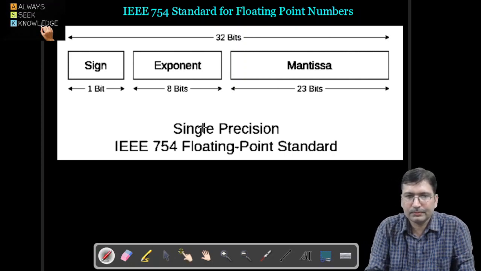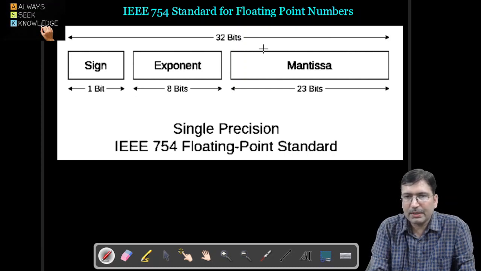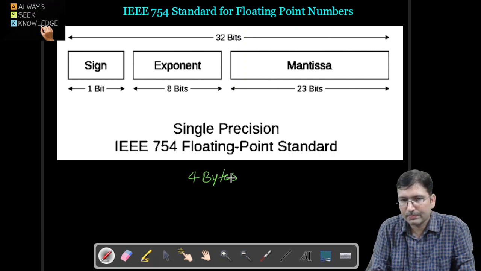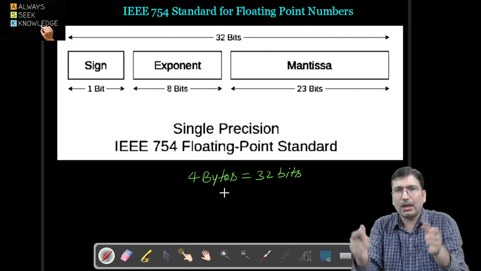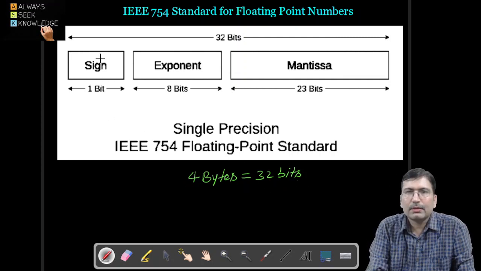In this format, the floating point number will be represented by using 4 bytes. 4 bytes means 32 bits. So the total allowed bits where we need to store the floating point number in the standard form is 32, and these bits are allocated like this.